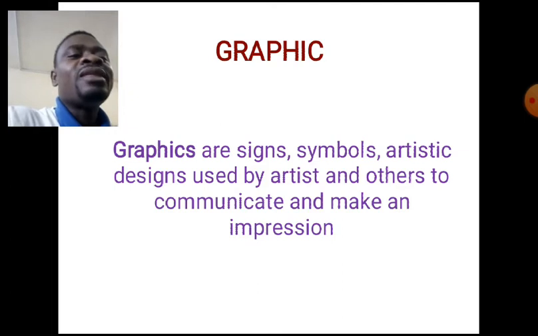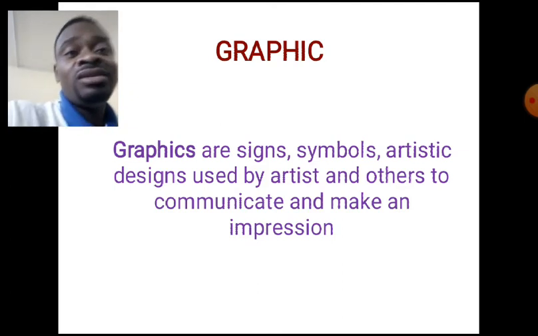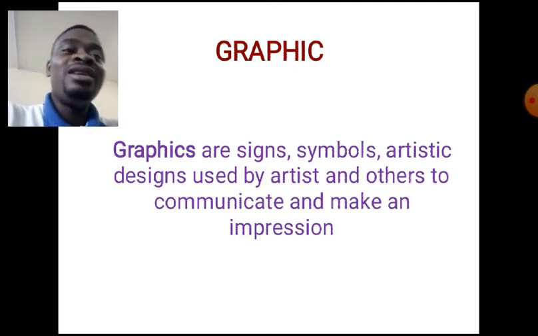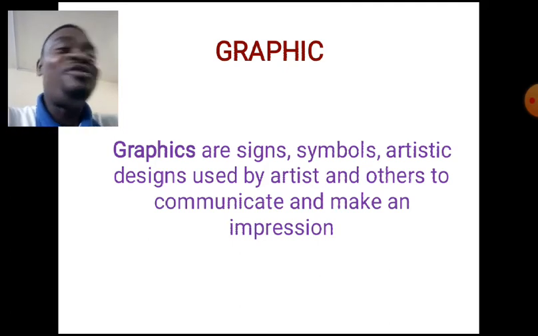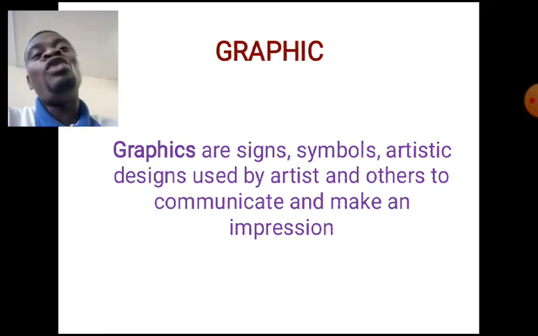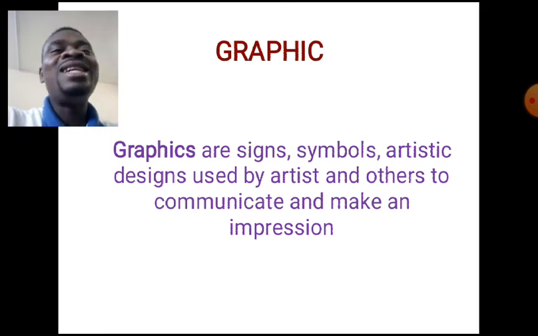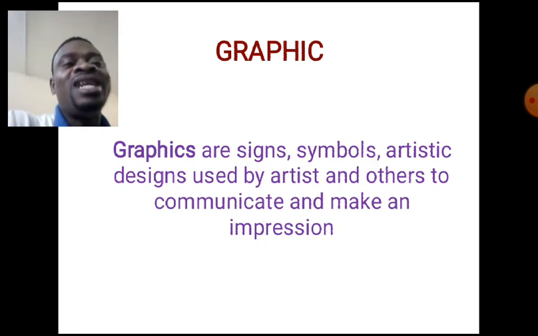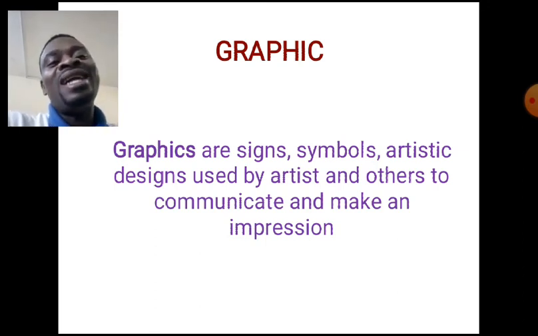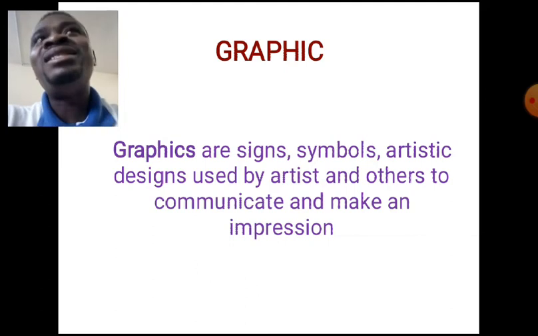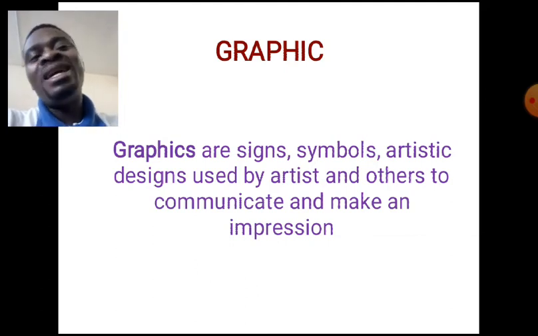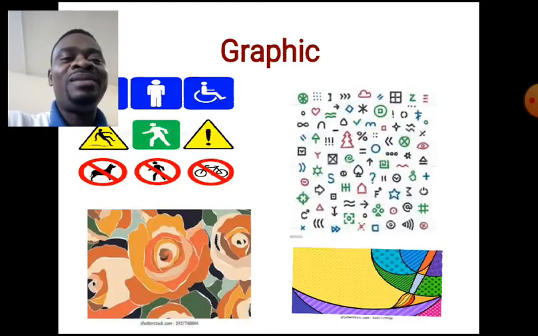Now listen, an artist is anyone who has a skill in the production of graphics. Then when it comes to others, that would be me and you who don't have professional skill in producing images. So we work with the tools made available to us, either manually or electronically. From this definition, it's clear that any sign, symbol, or artistic design that is able to pass a message or make an impression is referred to as graphic.